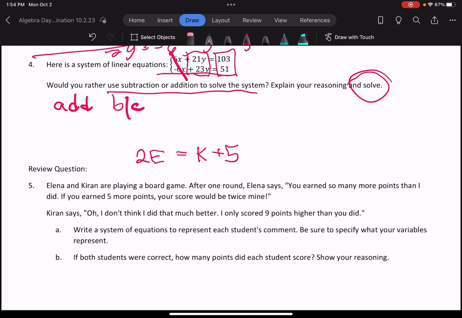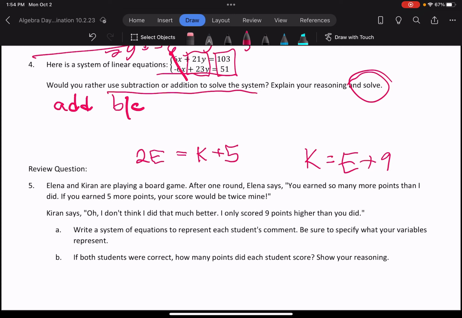And then Kieran says, oh, I don't think I did that much better. I only scored 9 points higher than you did. So Kieran says that her score is Elena's score plus 9. Okay, now, so those are our systems of equations.